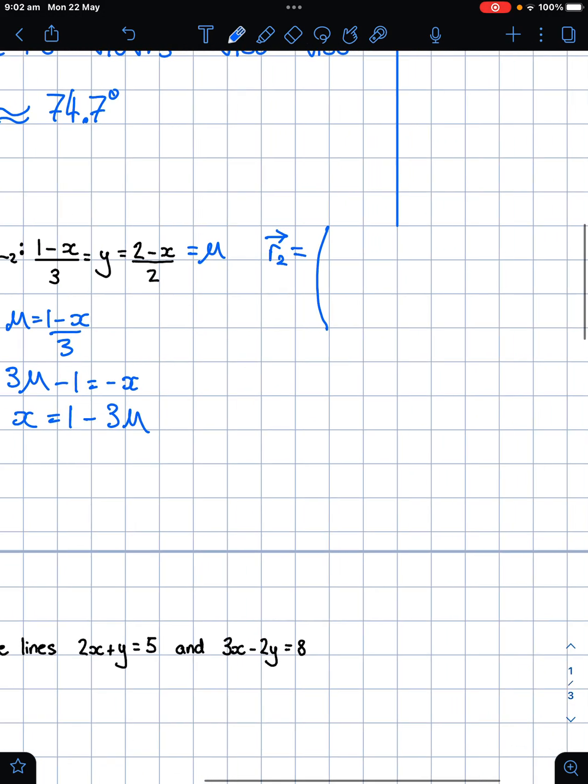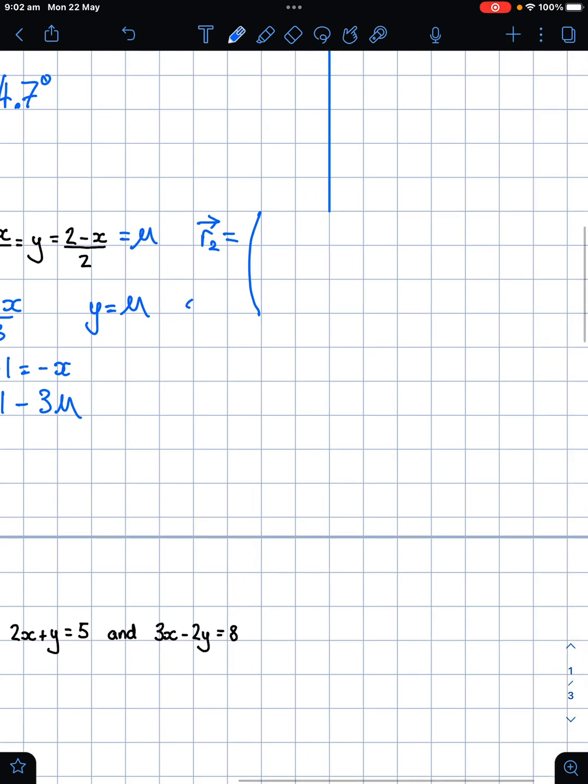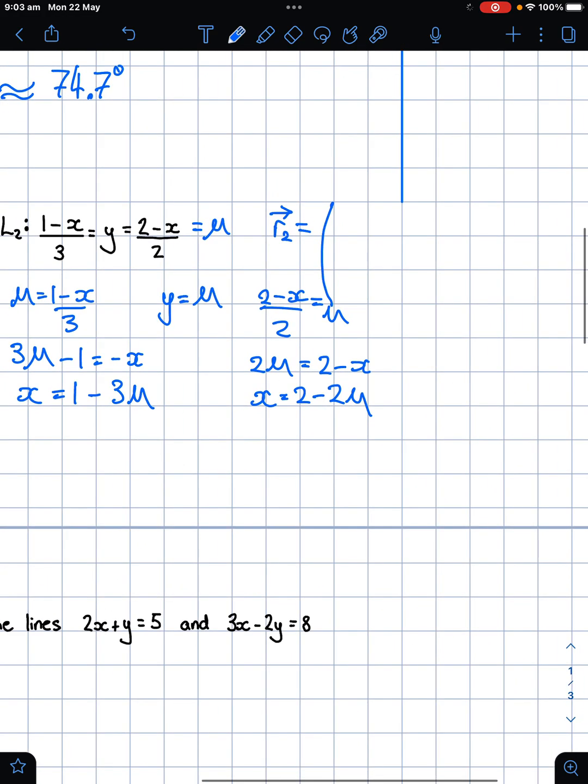This one here, we've got y equals mu, and then the last one, 2 minus x over 2 equals mu, which means 2 mu equals 2 minus x, so x is going to equal 2 minus 2 mu.